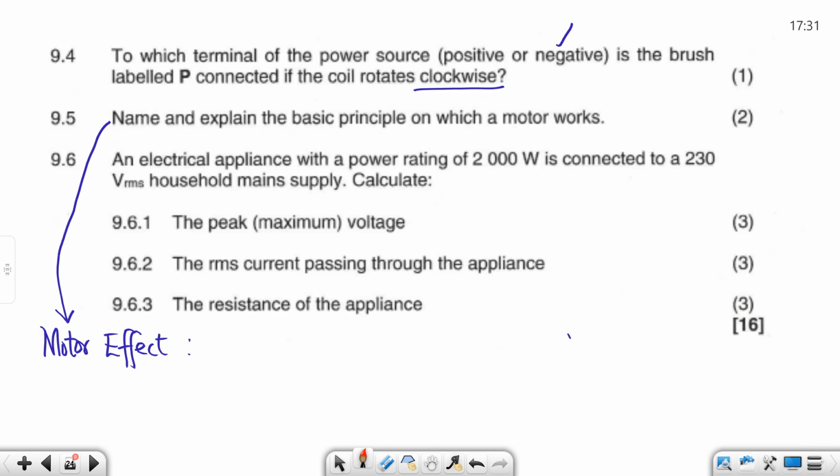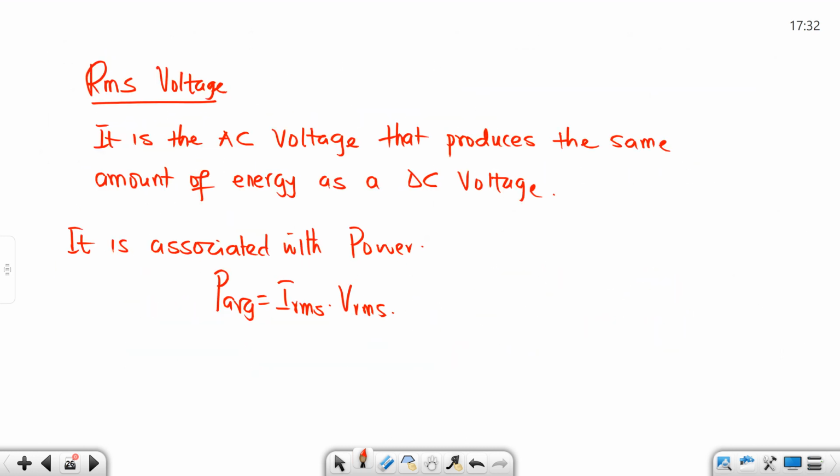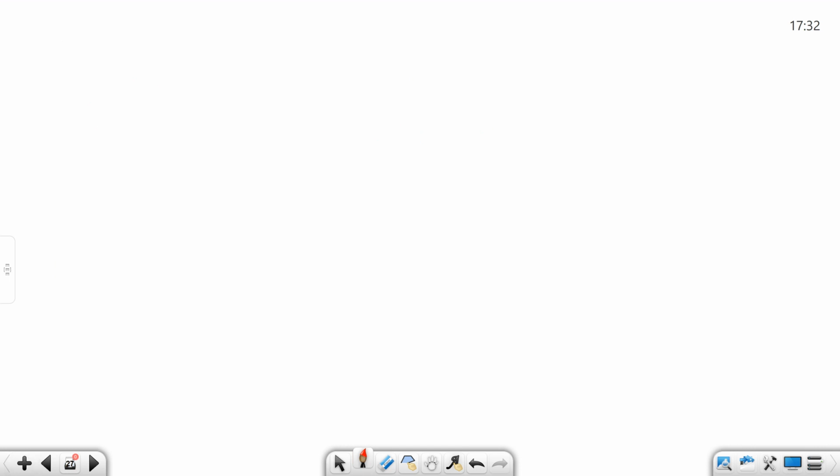All right. Let's quickly answer this. An electrical appliance has a power rating. Already I know that the next thing is going to be associated with RMS, either VRMS or IRMS. What is our power? 2000. We're going to be very fast with this calculation. Let's write down what we have.